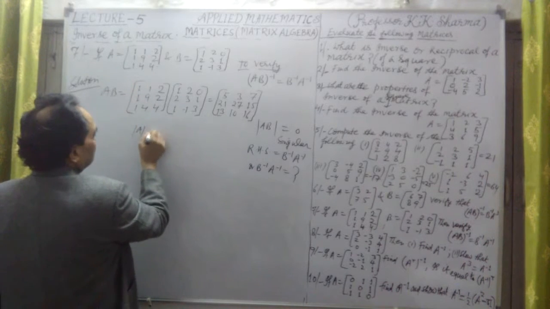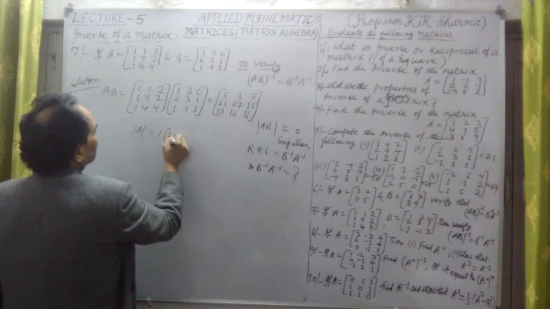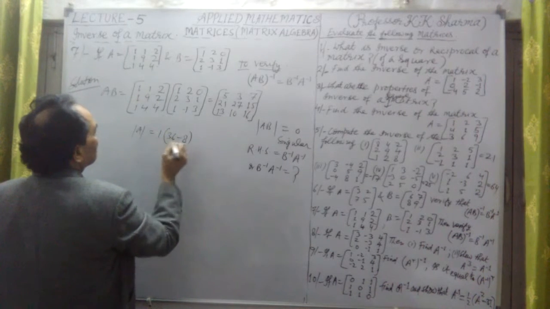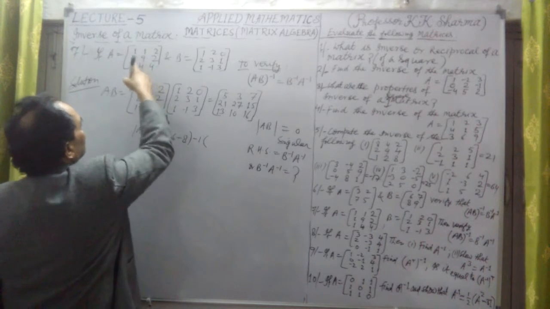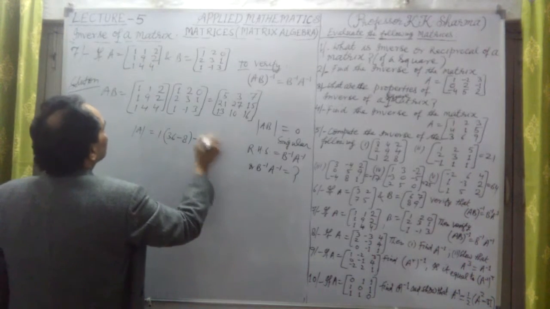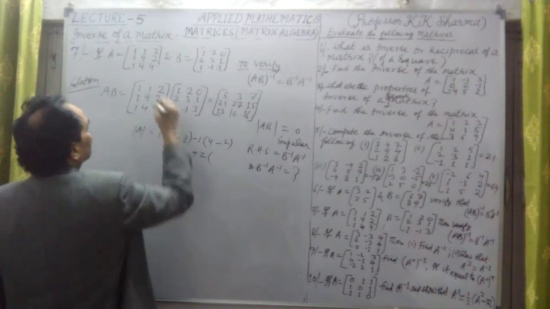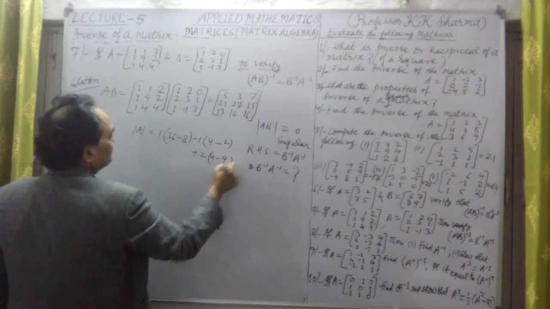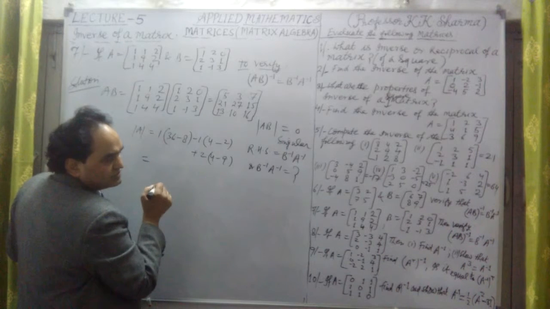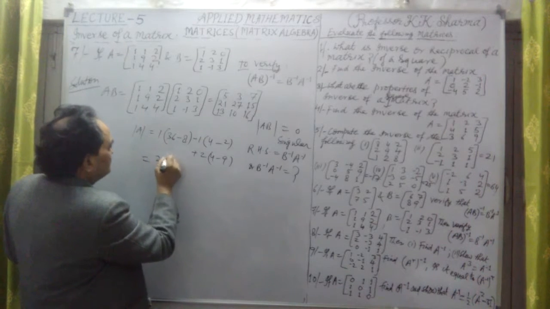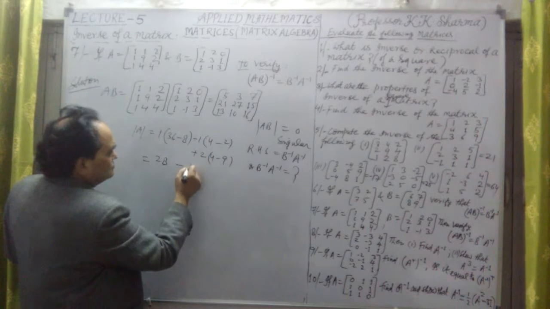The determinant of A will be then 1 into 9 times 4 is 36 minus 8. Okay, then minus 1 into 4 times 1 is 4, 2 is 2 minus 2, then plus 2 into 4 is 4 minus 9. This value comes out to be 36 minus 8. It is 28 minus 2, or this is 2 minus 2.